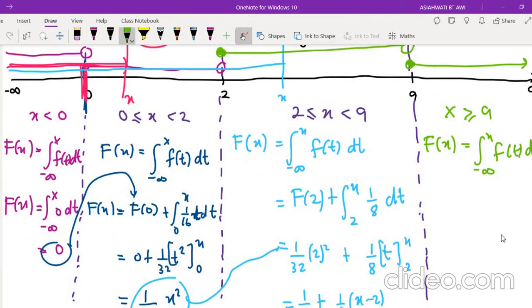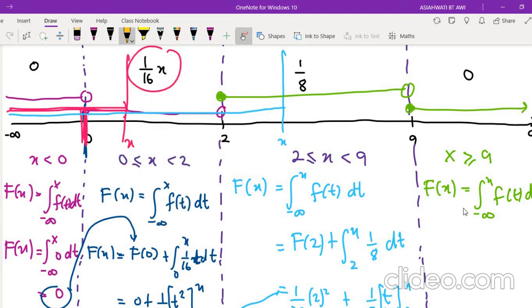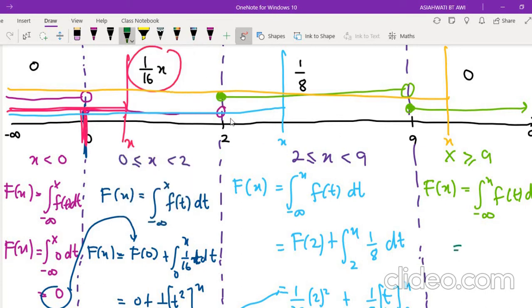So x is from negative infinity up to x. This is x, and x lies within this region. Here, from negative infinity to 9, F(9) plus the integral from 9 to x, where the function is 0 with respect to t.